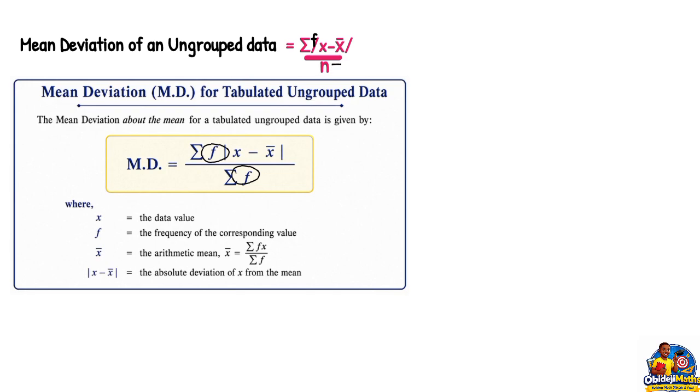The only difference between the two of them is the summation f. There's frequency in mean deviation of tabulated data, while there is no frequency in mean deviation of data that is not tabulated. So mean deviation is summation f |x minus mean| over summation f, which means we need f multiplied by |x minus mean|.